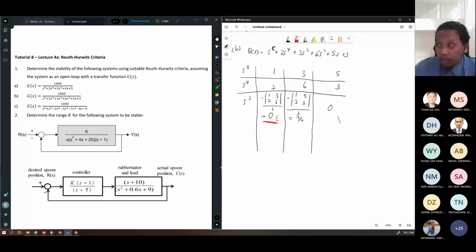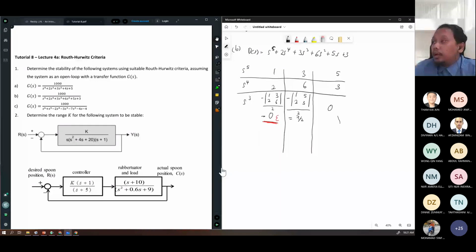Then you can assume the epsilon either a small positive number or small negative number, and then determine how many sign changes when you use small positive number and small negative number.